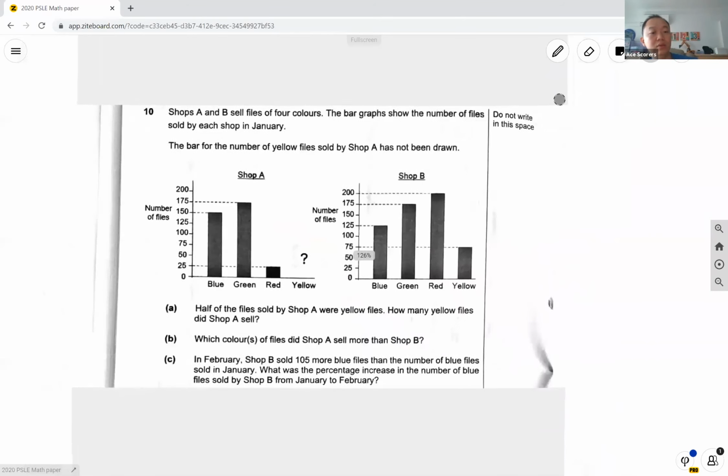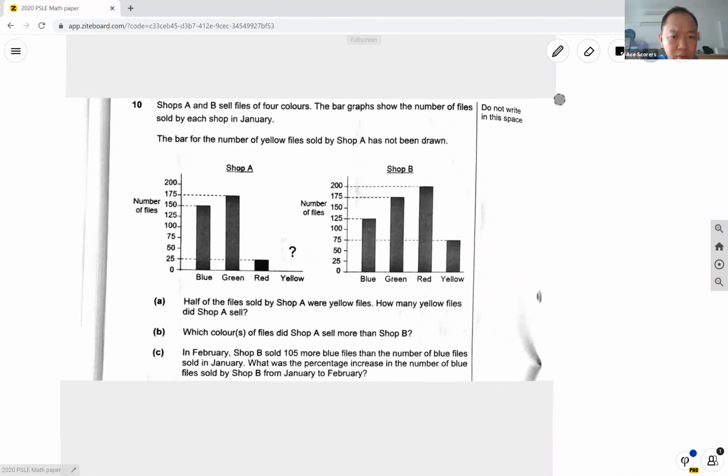Okay, half of the files sold by A were yellow. How many yellow files did shop A sell? Half were yellow. Okay, this is a bit tedious. Now, if half were yellow, that means the rest are half as well. So 150 plus 175 plus 25.